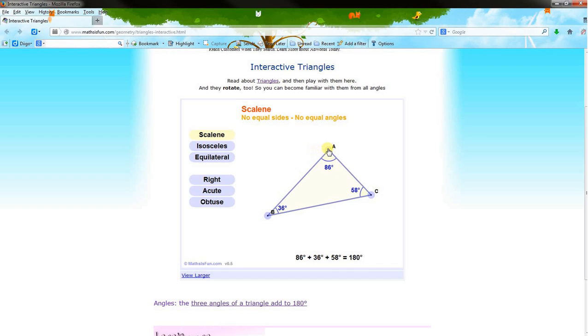This will be a clue later for how we can find any missing angles. As long as we have two angles, we can use it to find the third one.